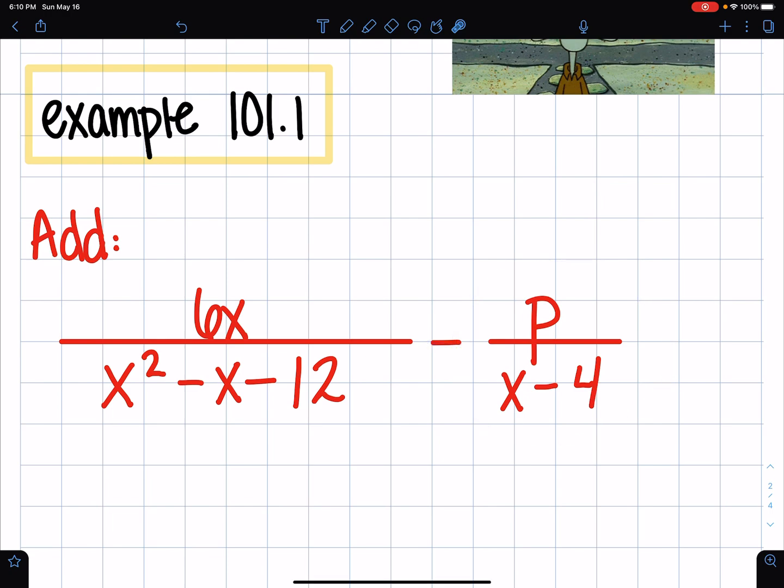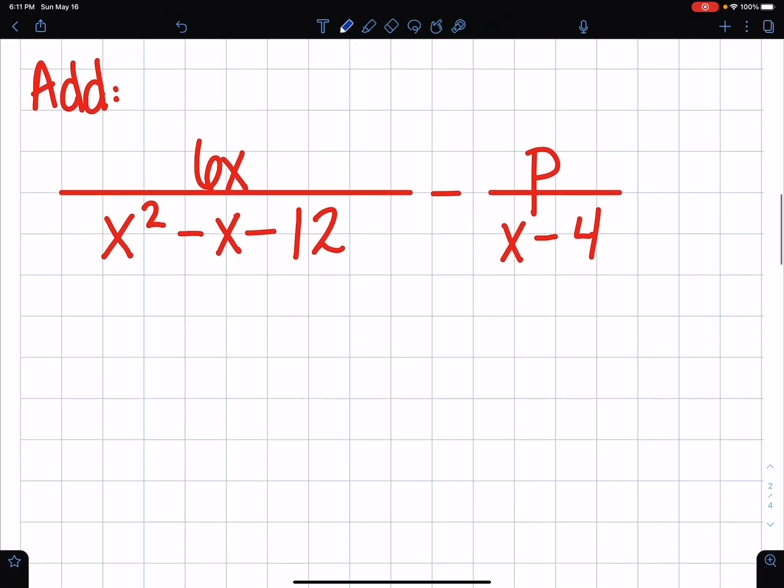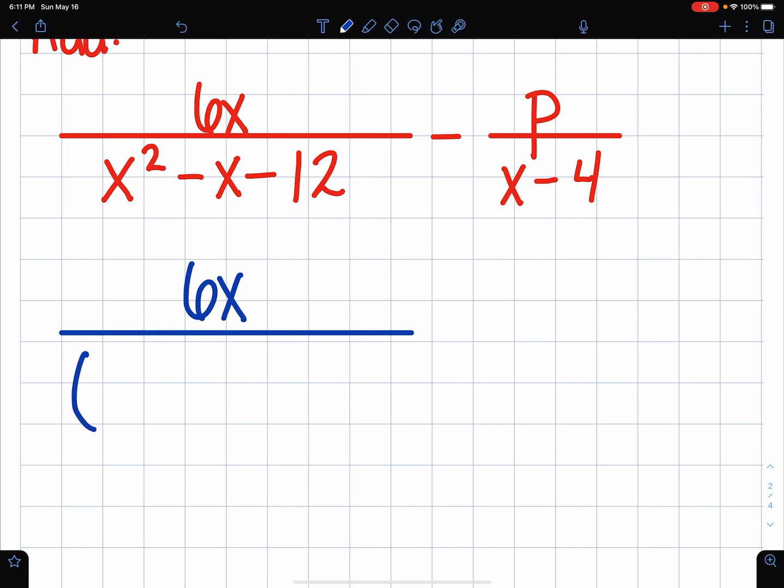So what do you do with a problem like this? Well, first of all, you recognize that they probably want you to factor. So let's factor this denominator first. Okay, let me make it in a different color. So we're going to factor the one on the left first, and we'll end up with 6x over, and I'm not going to review how to factor because I know that you are really good at that.